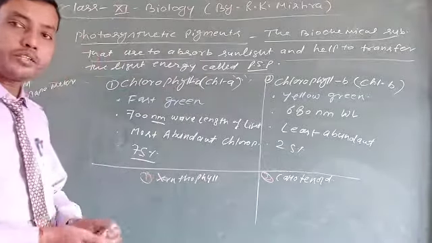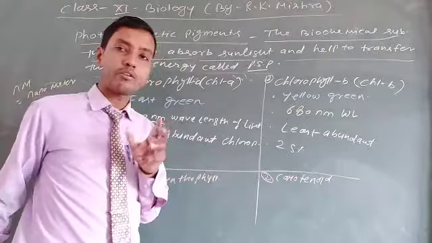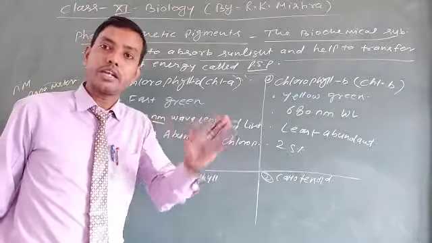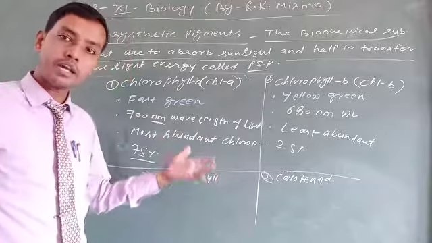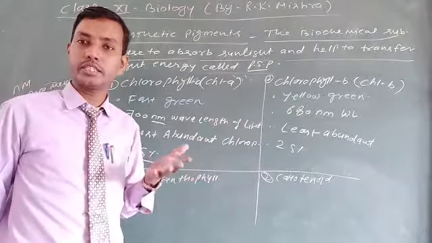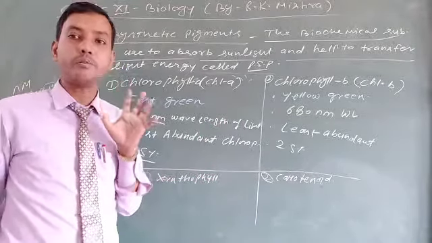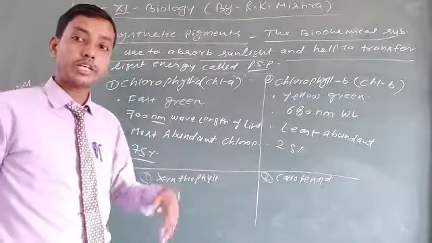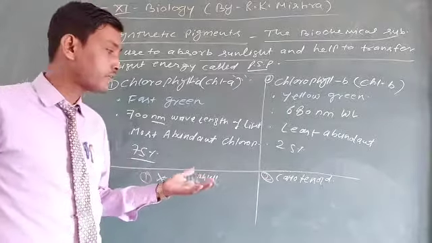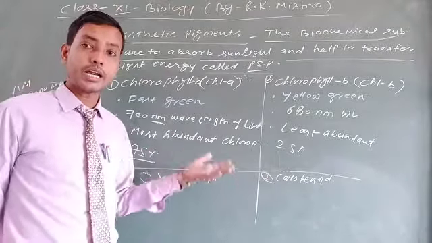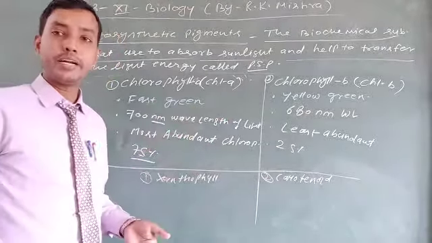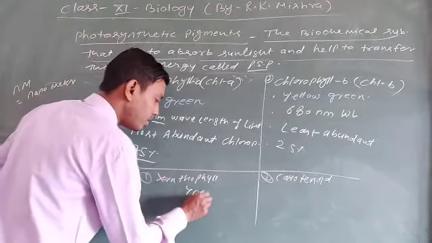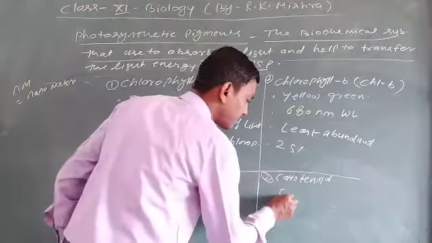You must write in your copy that xanthophyll and carotenoid also absorb light and transfer the light energy, but in a mild amount, not primarily. It is their secondary function. They are accessories. Accessories means they are helping. They are helpers to chlorophyll A and B. The color of xanthophyll is yellow and the color of carotenoid is orange.